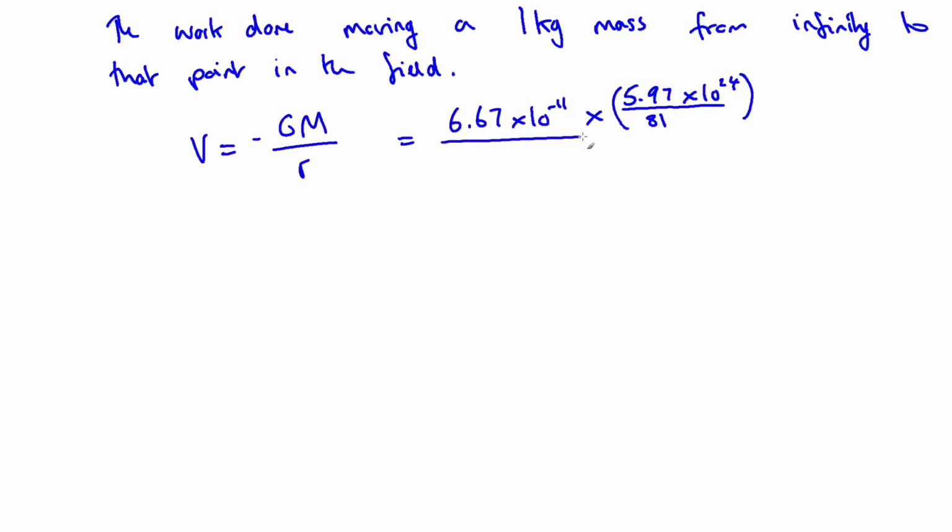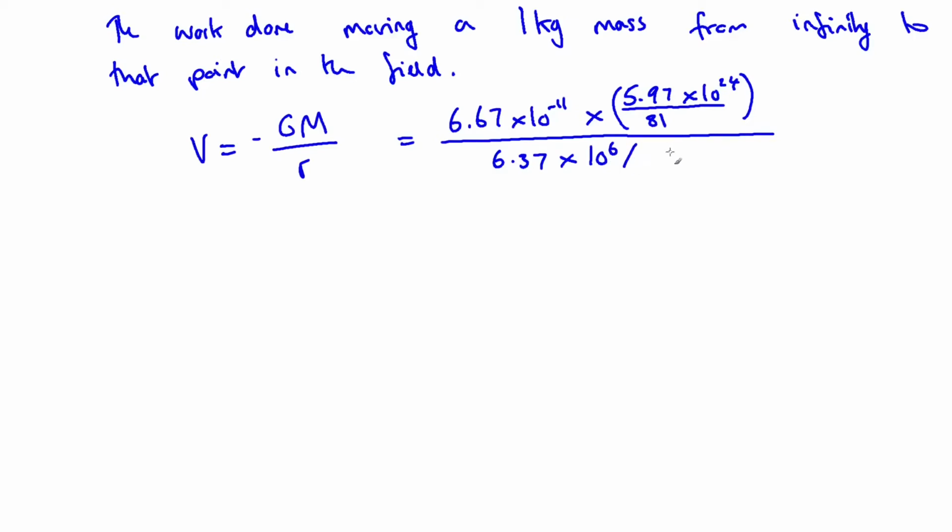And that's all divided by, well, if we want to find gravitational potential on the surface of the moon, we need to use the radius of the moon as R. Now we know the radius of the Earth is 3.7 times greater than the moon, so the moon is 3.7 times smaller than Earth. It's 6.37 times 10 to the 3 kilometers, so times 10 to the 6 meters for the Earth.